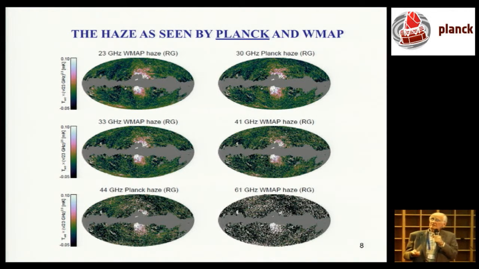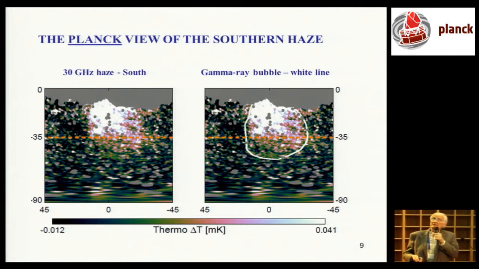So it's clearly demonstrated across a wide frequency range, and that's the radio side of it, and the gamma ray side in the south, where it's free from the local Gould Belt stuff.